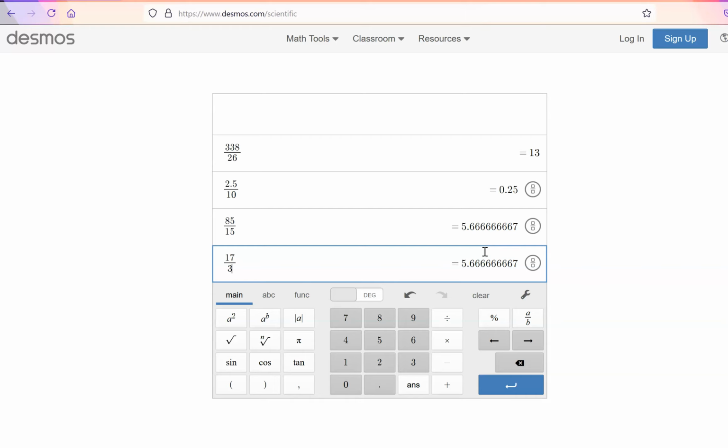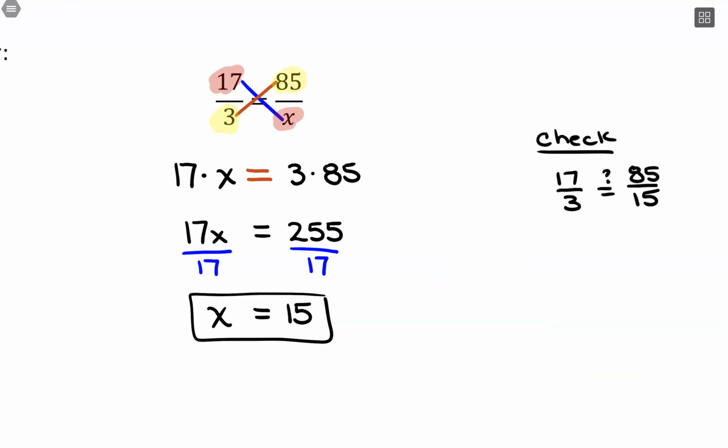That works great. What you can also use is this convert to fraction button. So 85 over 15 isn't simplified. So if you do this convert to fraction, there we can see our simplified form of the fraction with the 17 thirds. So those are in fact equal to each other. So it does work out here.